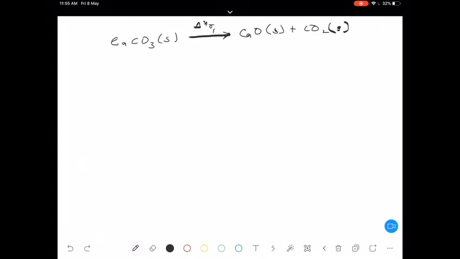Now we said that 1 mole of substance, when 1 mole of calcium carbonate is taken, 1 mole of carbon dioxide is going to form. Now 1 mole of substance, when it is formed in its standard state, yes, it is present in gaseous state, its standard state of carbon dioxide.